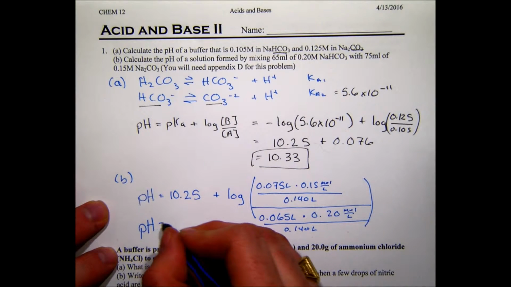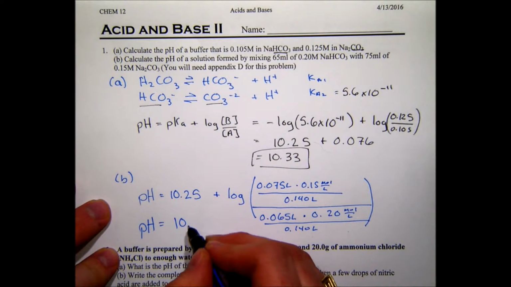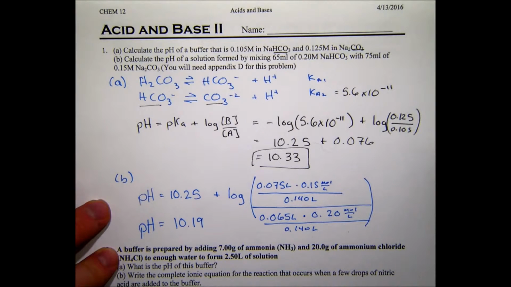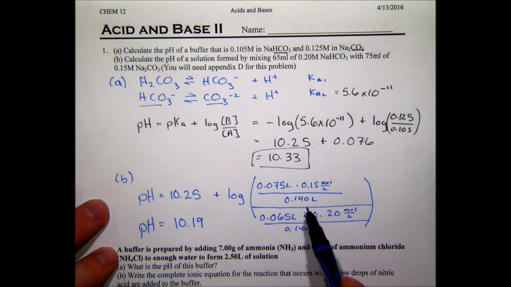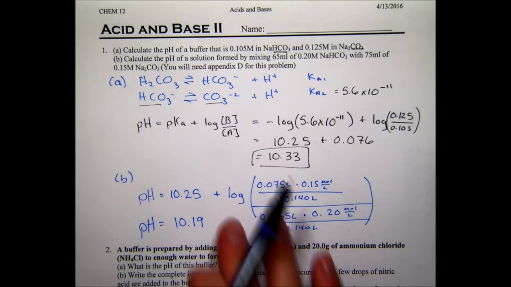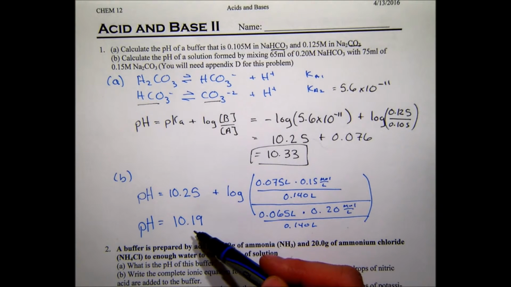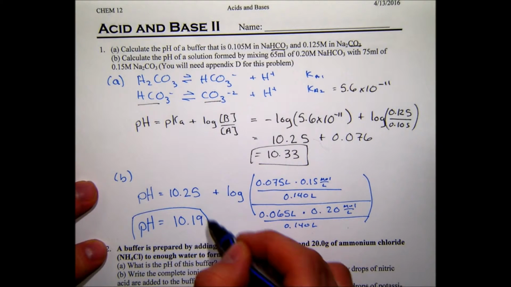But when we resolve it all out, we get a pH of 10.19. So we multiply the top first, divide by 0.14, multiply the bottom, divide by 0.14, take the quotient of that, take the log of it, and we should add up and get a difference of 0.06 negative. That's how we get the pH of the first one.